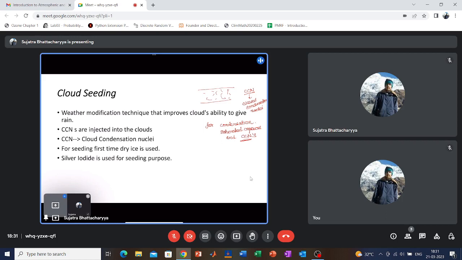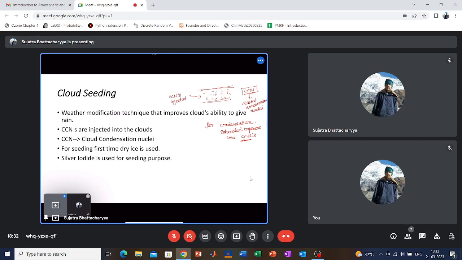Therefore, if you have enough moisture but a very low amount of CCN, particularly in semi-arid regions where moisture is typically present but not enough CCNs, what you do is inject certain CCNs from outside.